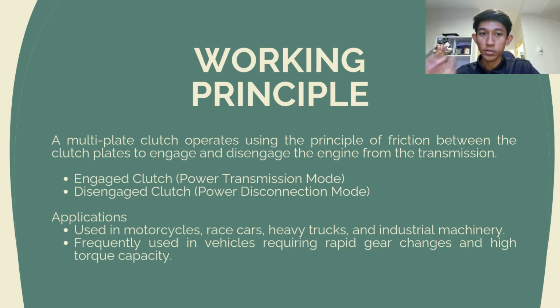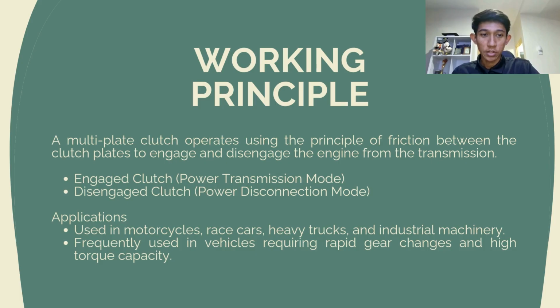This friction locks the plates together and allows the rotation power from the engine to pass through the clutch hub to the transmission. And the increased number of clutch plates will increase the surface area for the friction itself, allowing it to transmit higher torque.